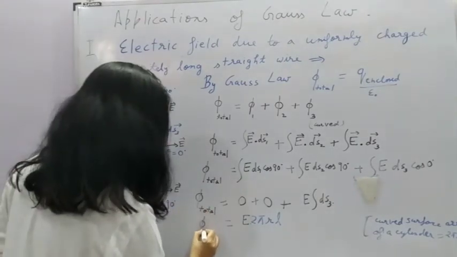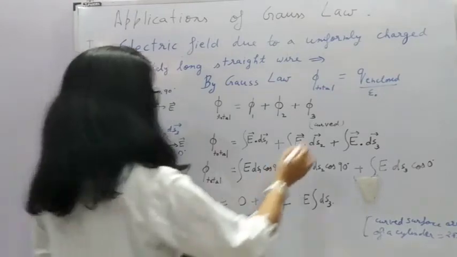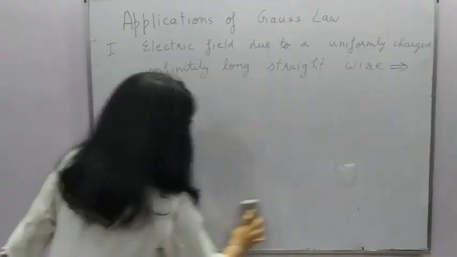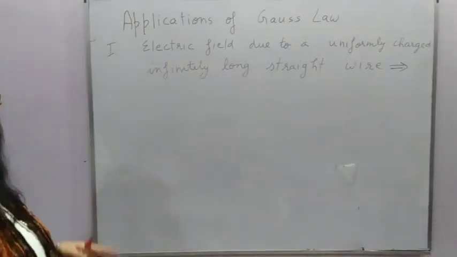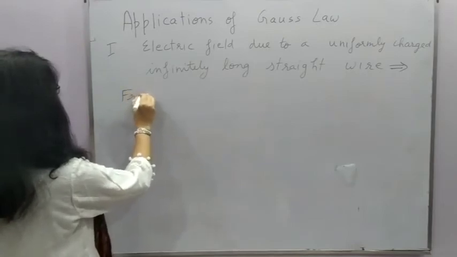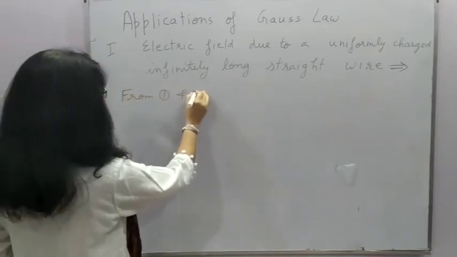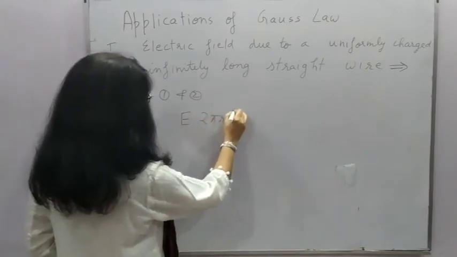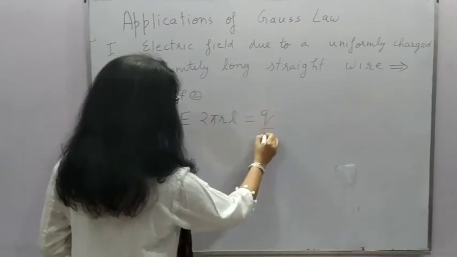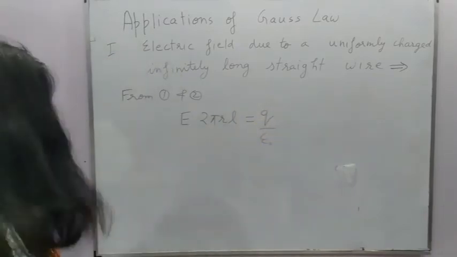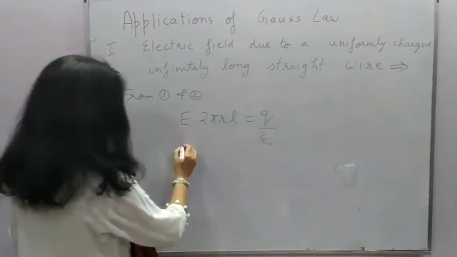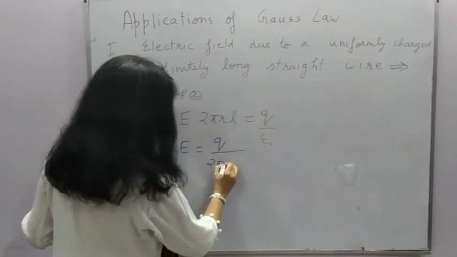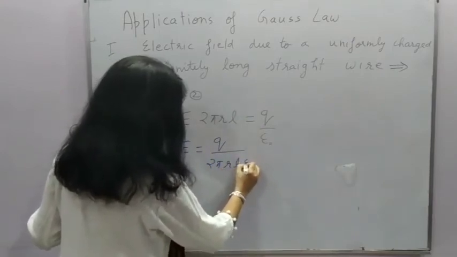Let's consider this as equation 1 and the Gauss theorem as equation 2. From equations 1 and 2, we can write E into 2 pi R L is equal to Q upon epsilon naught. Solving it, we get E equal to Q upon 2 pi R L epsilon naught.